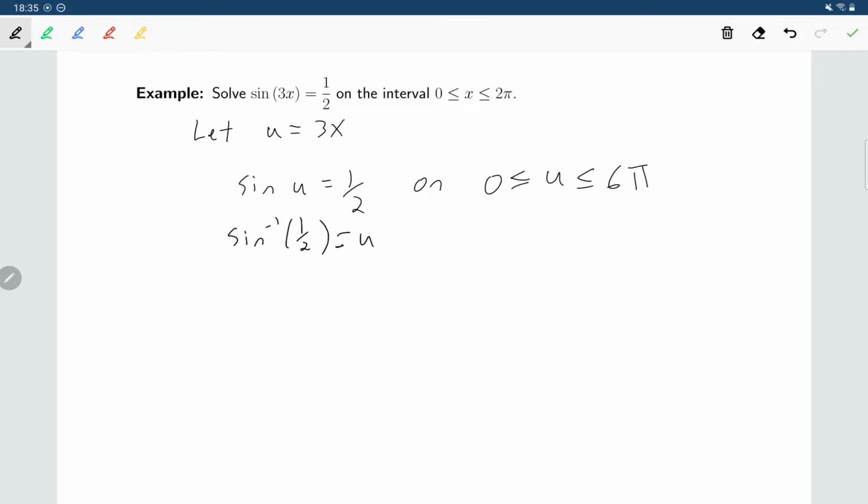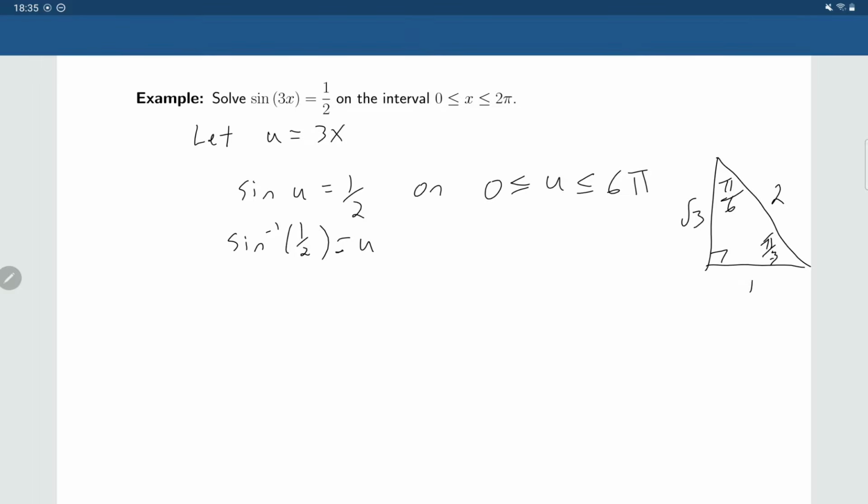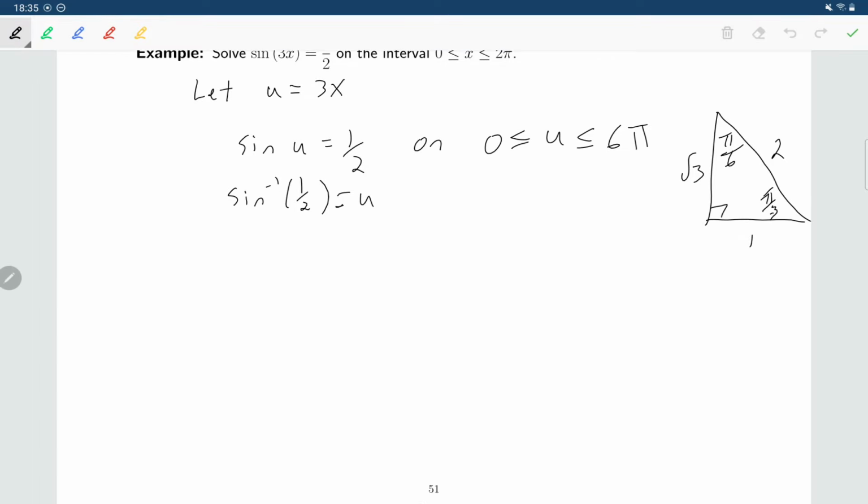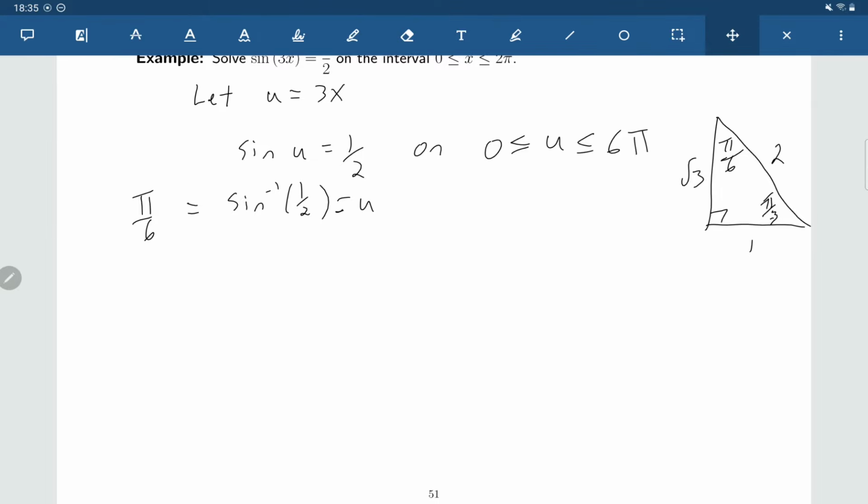If you're using your special triangles, the 30, 60, 90 triangle, the pi over 6, pi over 3, pi over 2 triangle, you'll find that sine of pi over 6 is equal to 1/2. So you know that u should be equal to sine inverse of 1/2, which is pi over 6. So we came up with one value for u.